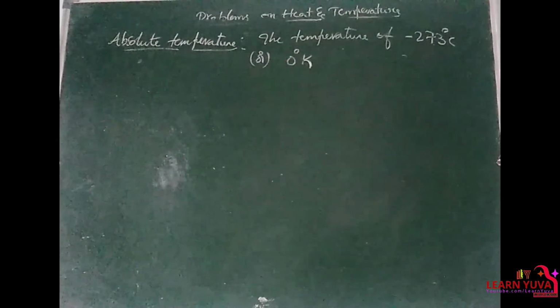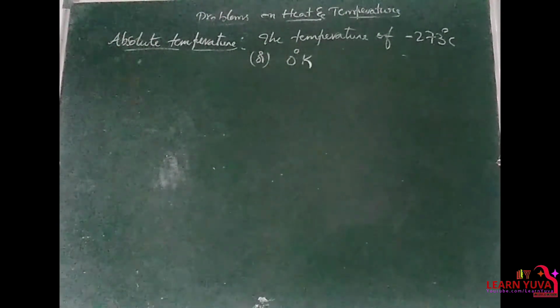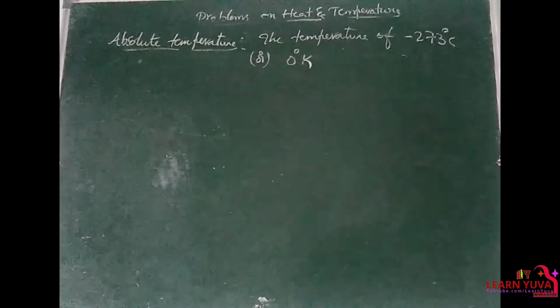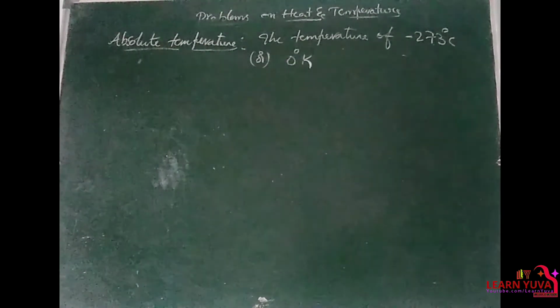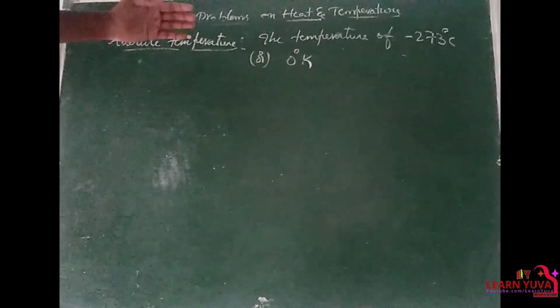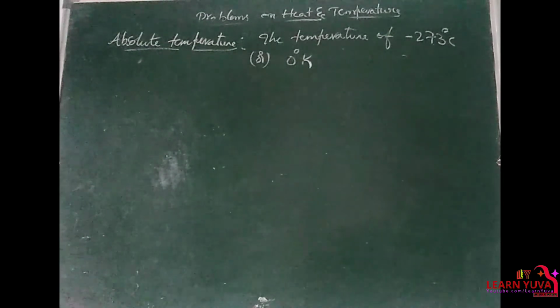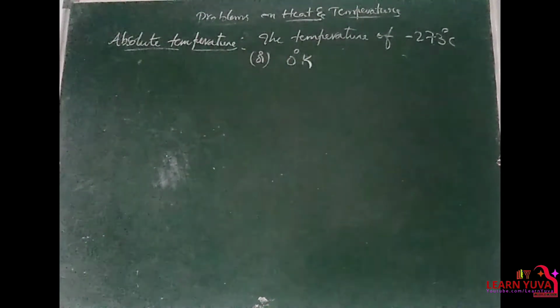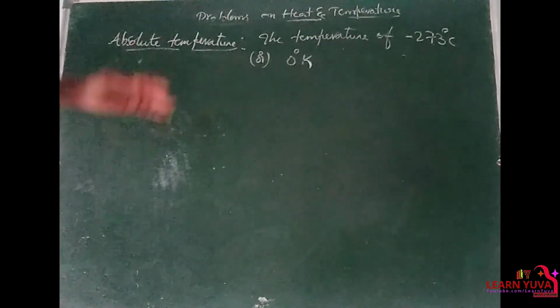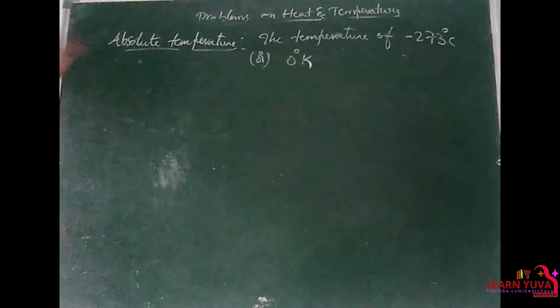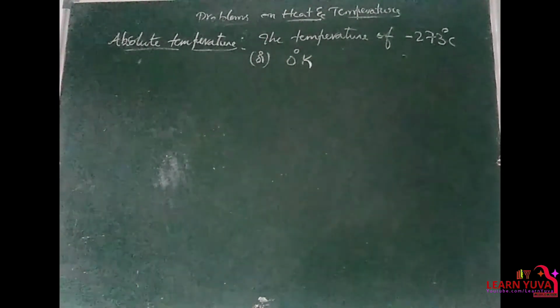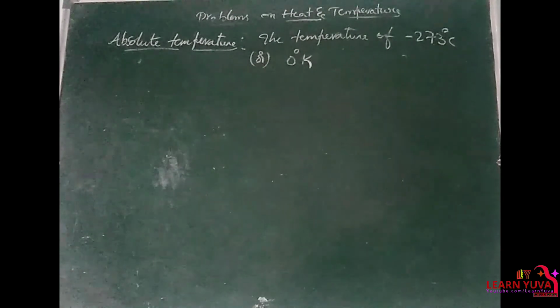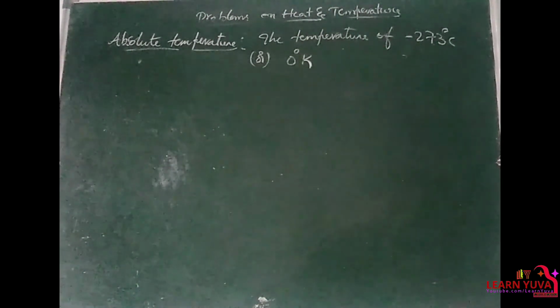If the temperature is minus 273 degrees Celsius or 0 degrees Kelvin, that is nothing but the absolute zero of temperature, or absolute temperature. We have to take this 0 degrees Kelvin as the reference for doing some calculations. Clear?